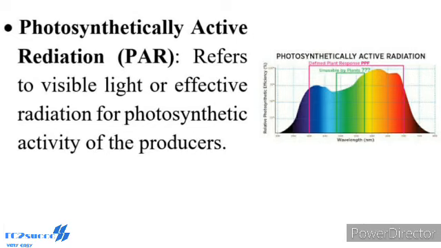Another one, photosynthetically active radiation, that is called PAR, refers to the visible light or effective radiation for photosynthetic activity of the producers. Except for the deep sea hydrothermal ecosystem, the sun is the only source of energy for all ecosystems on earth. Of the incident solar radiation, less than 50% is photosynthetically active radiation.